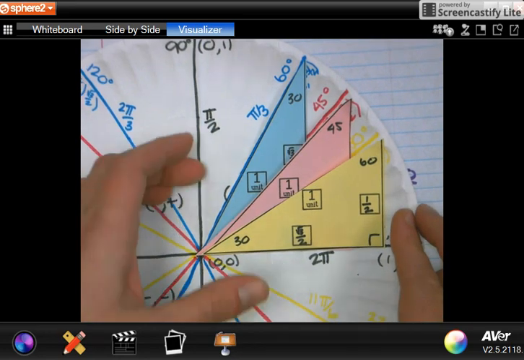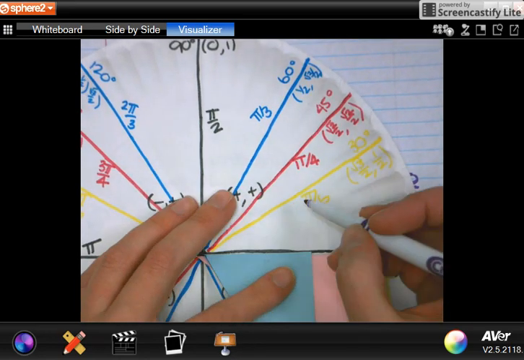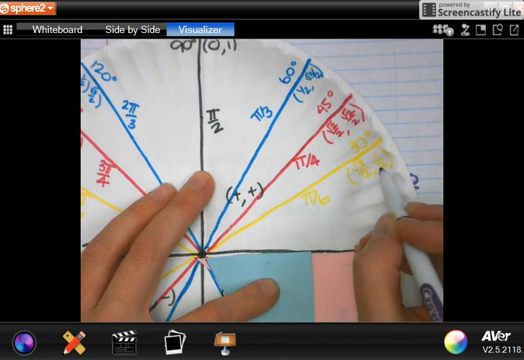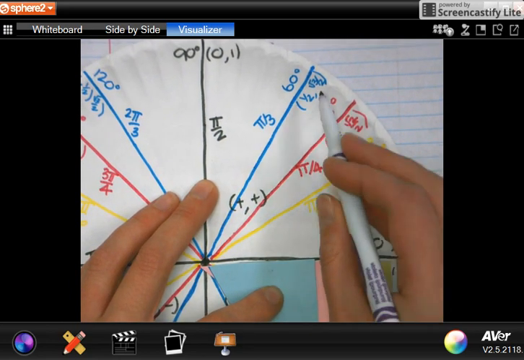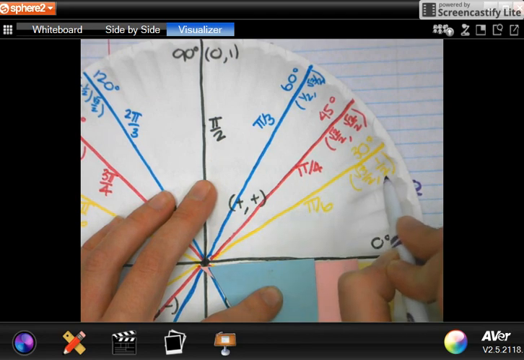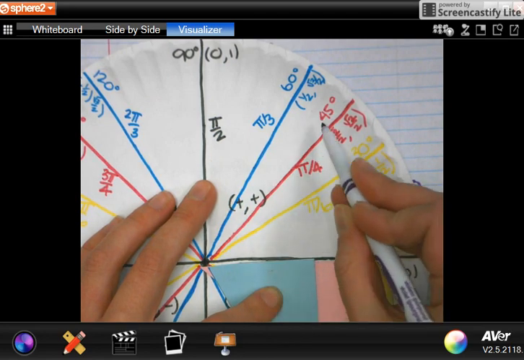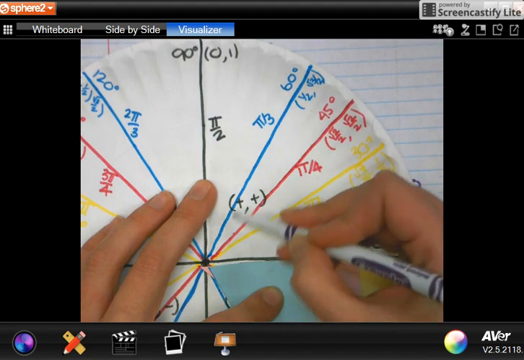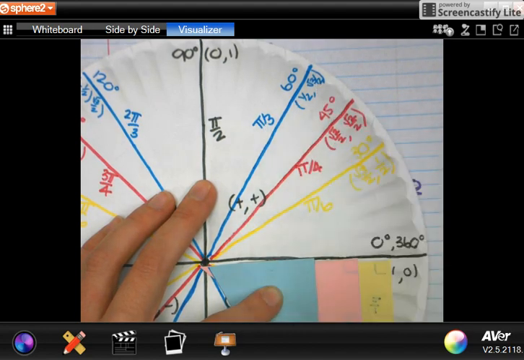So you can look at any of the coordinates, and the sine value for that angle is just going to be equivalent to the y part of the coordinate. So sine of pi over 6 is 1/2. Sine of 45 is root 2 over 2. Sine of pi over 3 is root 3 over 2.